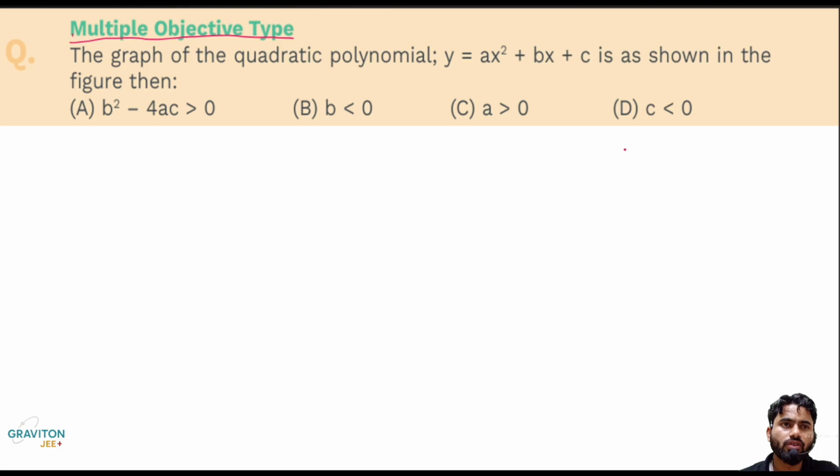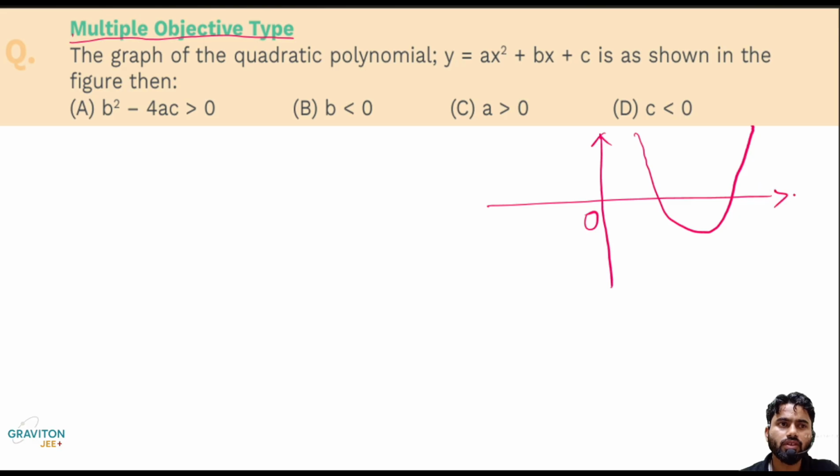So I draw it here. So basically, you have to answer that this is the quadratic polynomial, and you have to choose whether option A is correct, or B is correct, or C is correct.